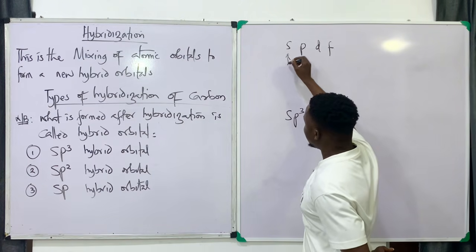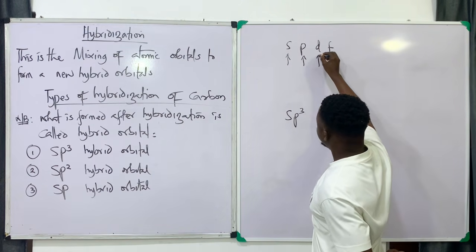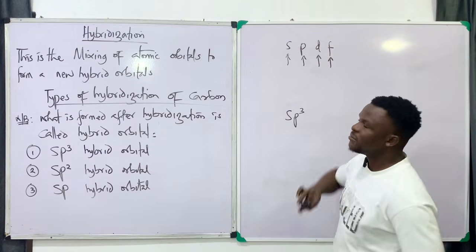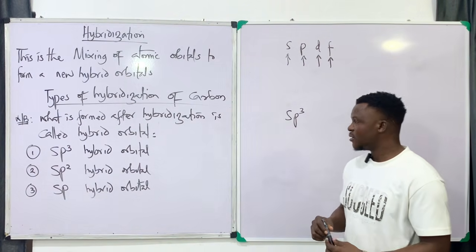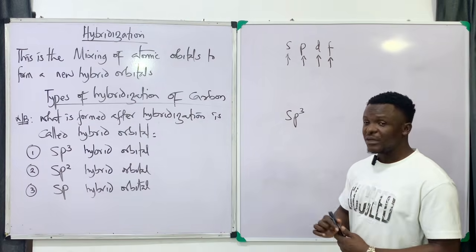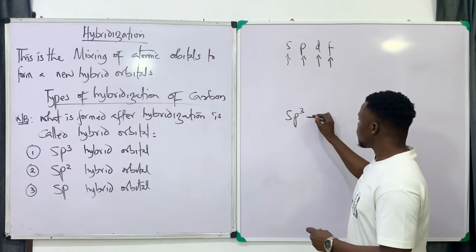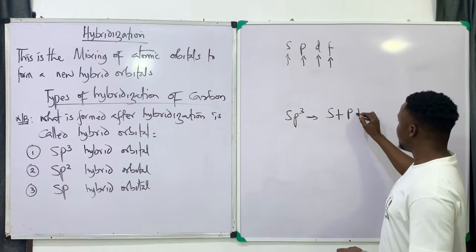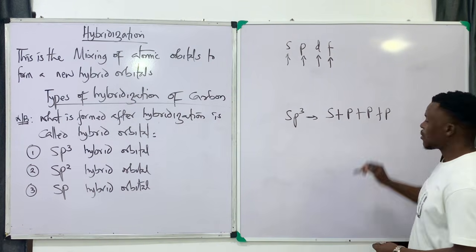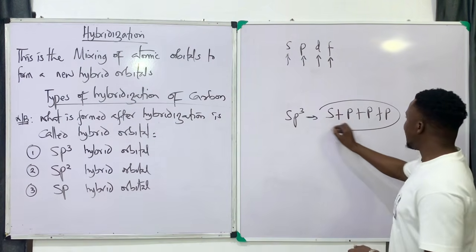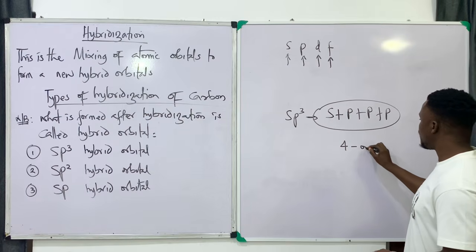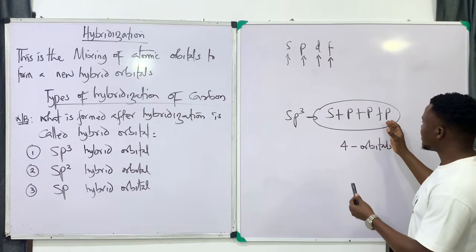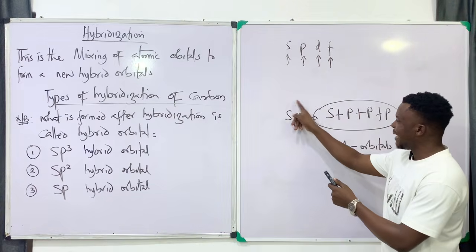We have s orbital, we have p orbital, we have d, and we have f orbital. Now, p orbital has three suborbitals. So when you say sp3, what this simply means is that you're bringing one s and mixing it with 3p. So in total, in sp3, you have 4 orbitals that are mixing to become sp3.